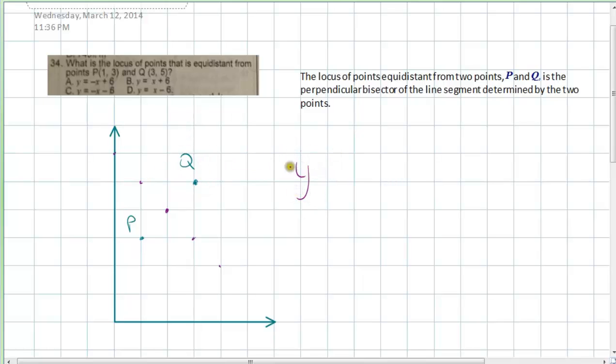Let's remember the equation of a line first. It's y equals mx plus b. What is m? m is our slope. This is clearly a line that is going in the negative direction, so this is going to be a negative slope. So y equals negative x, and then what's b? b is our y-intercept.